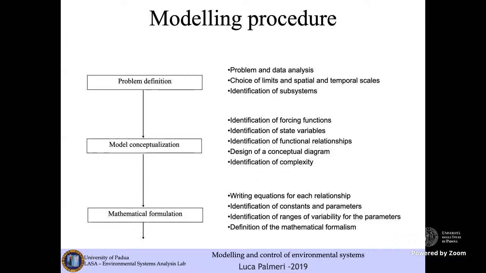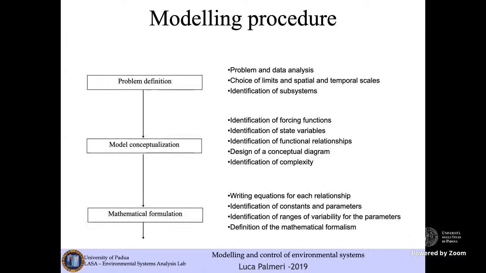And then this is the point at which you start identifying and measuring, as we will see in the next lecture, the complexity of your model. I remind you the complexity of your model should be consistent with the complexity that you may foresee for the system that you want to describe.